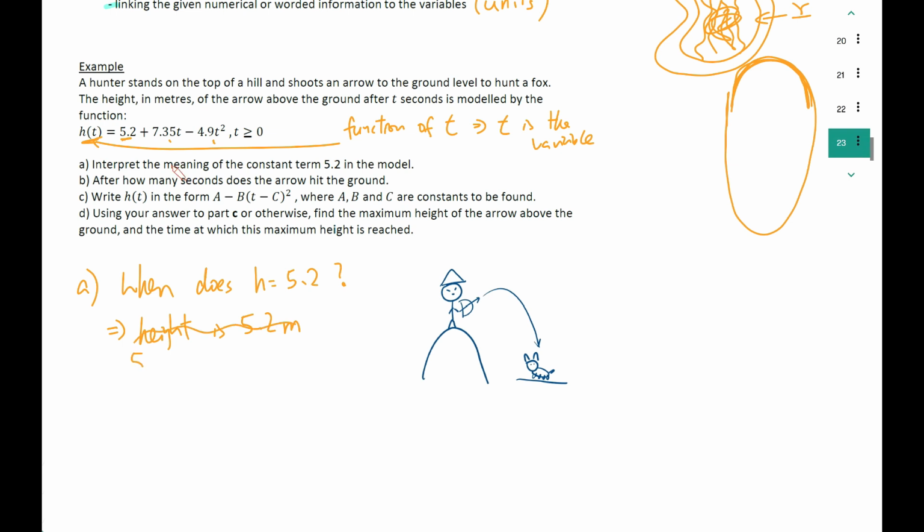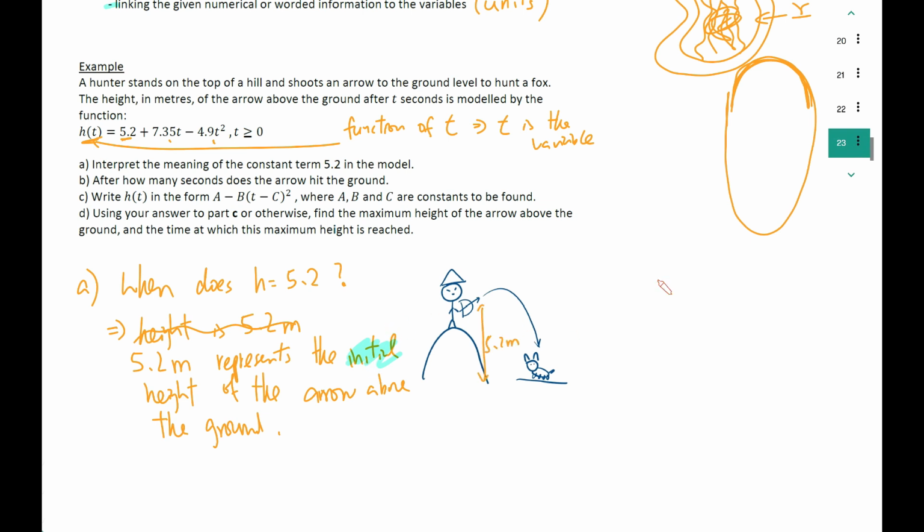It means 5.2 meters represents the initial height of the arrow above the ground. So the keyword is initial, because t is 0. t is 0 means initial. That means originally, this arrow here is 5.2 meters above the ground.